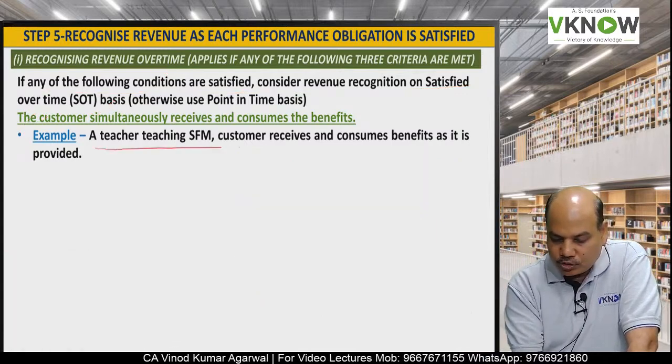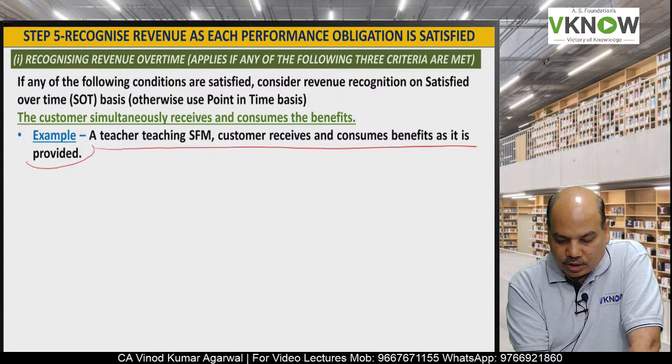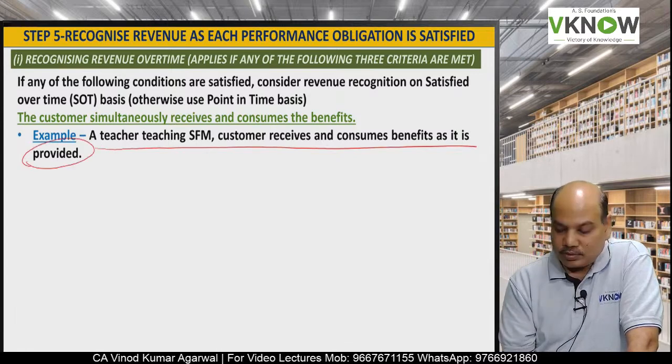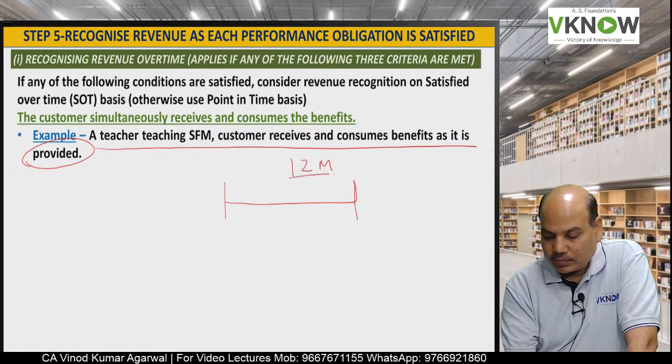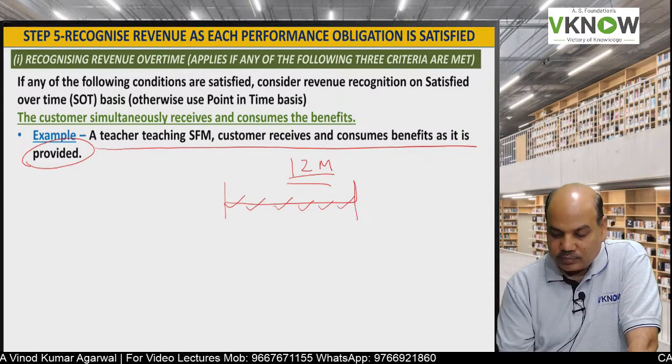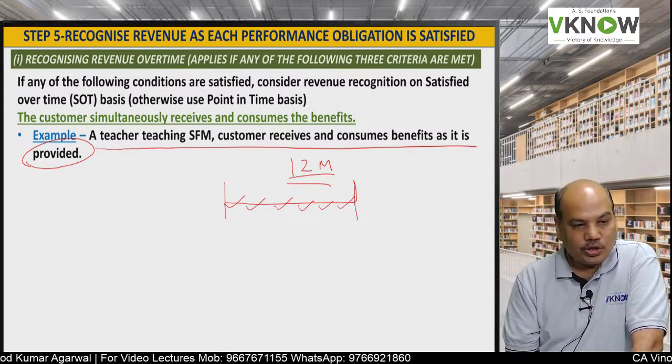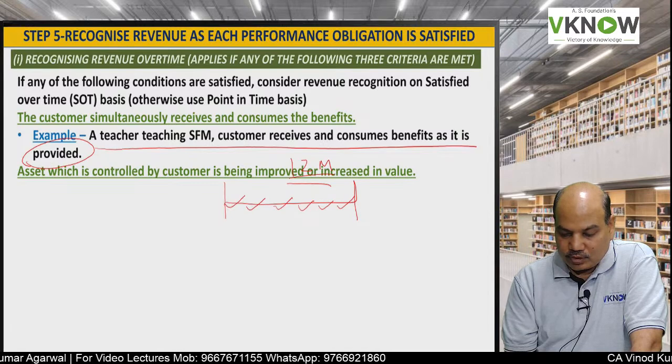Suppose in your office your boss does accounting work for a client and he has to do account writing for 12 months. Then as and when the account writing work is getting done, the customer is able to enjoy the benefit.